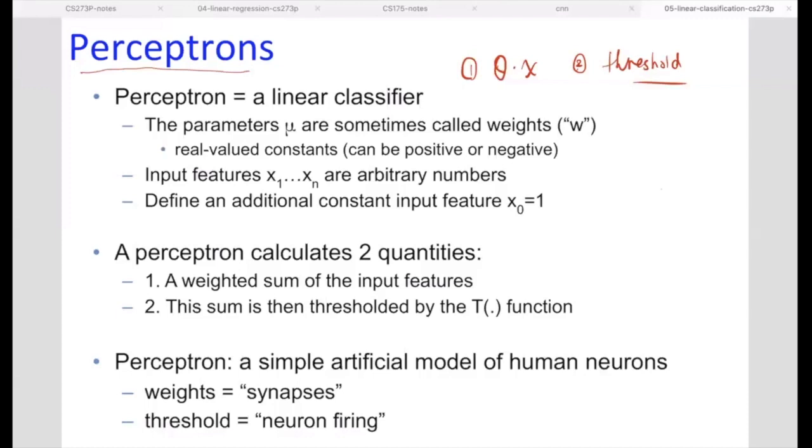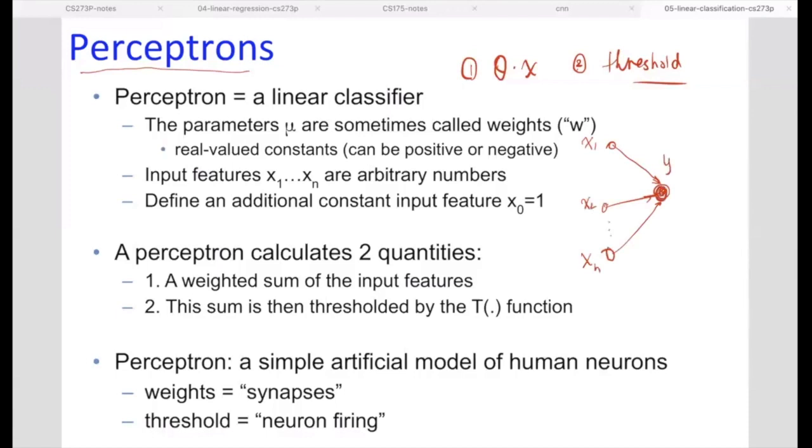From the neurobiology point of view, each neuron receives input from many other neurons. So you can think about this neuron here receiving input from other neurons, X1, X2, and Xn here. And this is the output neuron here.